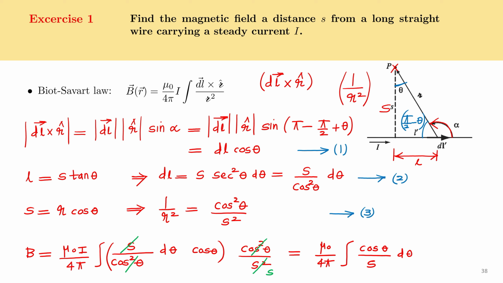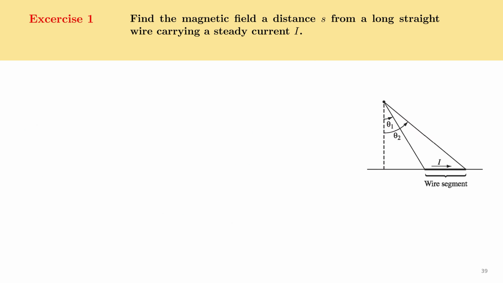We shall proceed by defining the limits for this integral. For that, let us consider this figure. We have a wire segment of length dl, whose starting point is this and the end point is this. From point P, we drop a perpendicular which meets at this point.